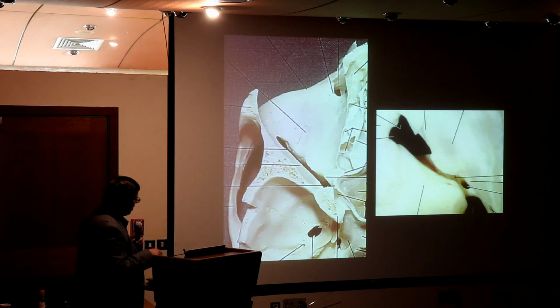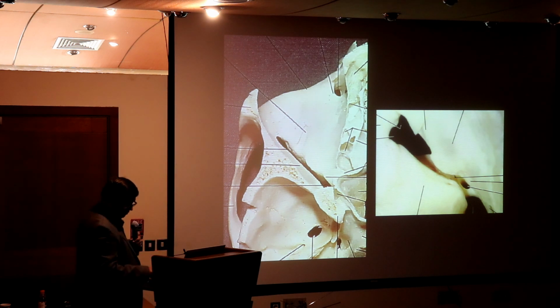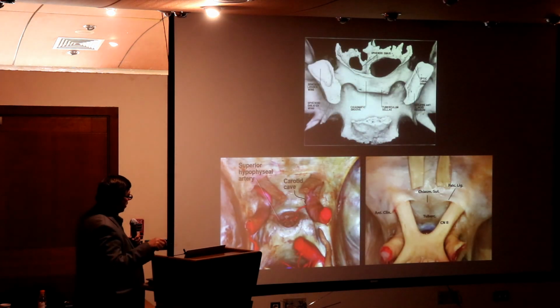If you are looking from above at the left orbit, this is the greater wing of the sphenoid, this is the inferior orbital fissure, and this is the ethmoid. Of course, this is the maxilla. If you look from above, you will see the sphenoid bone and the 2 optic canals.